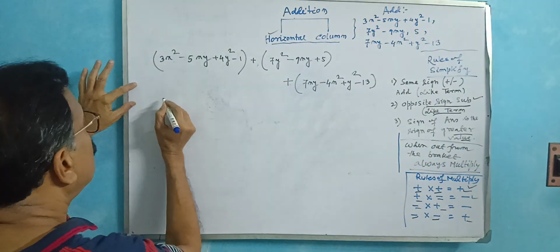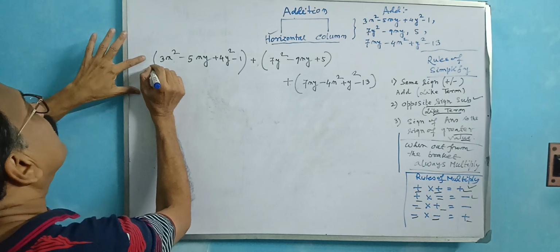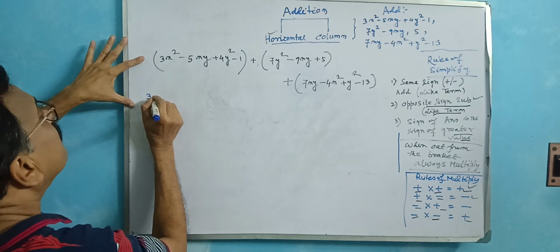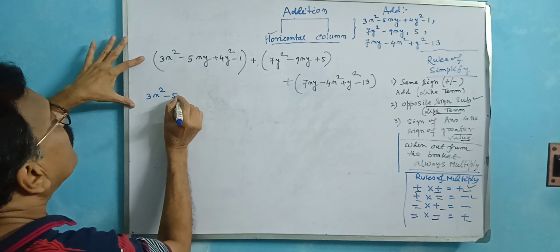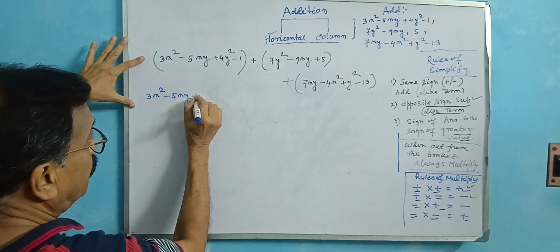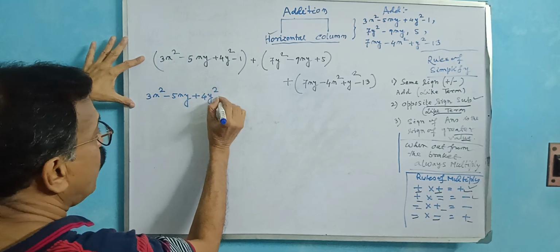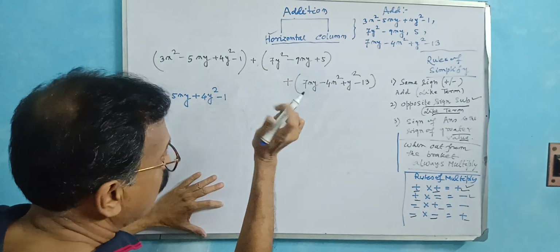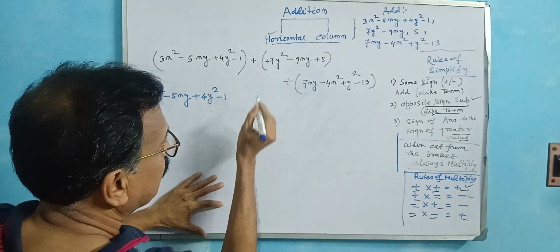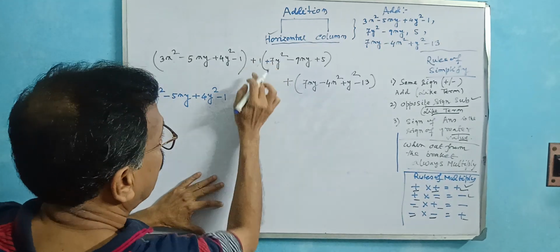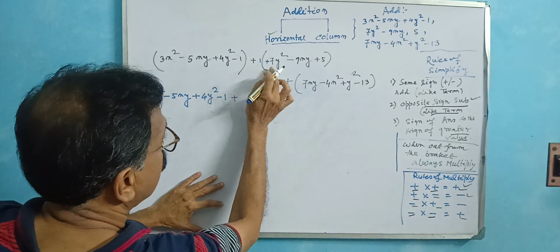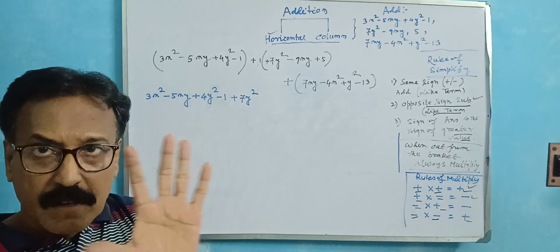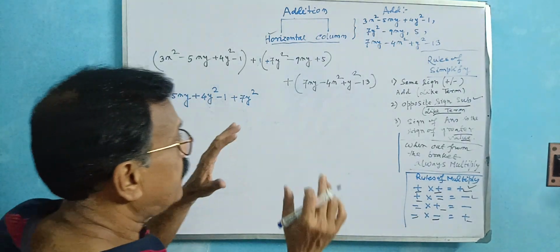In the horizontal process, you write: when there is nothing, that means plus, always add; when there is nothing, that means 1. So out of bracket, always plus: 3x square minus 5xy plus 4y square minus 1. Be careful when you add or subtract. Now out of bracket there is nothing, that means plus, and here is nothing, that means 1, so plus 7y square. No problem at all, don't panic, gradually you increase, gradually you understand.